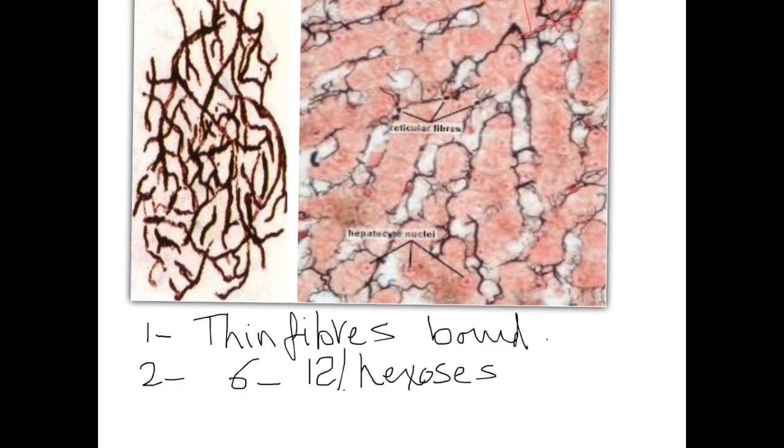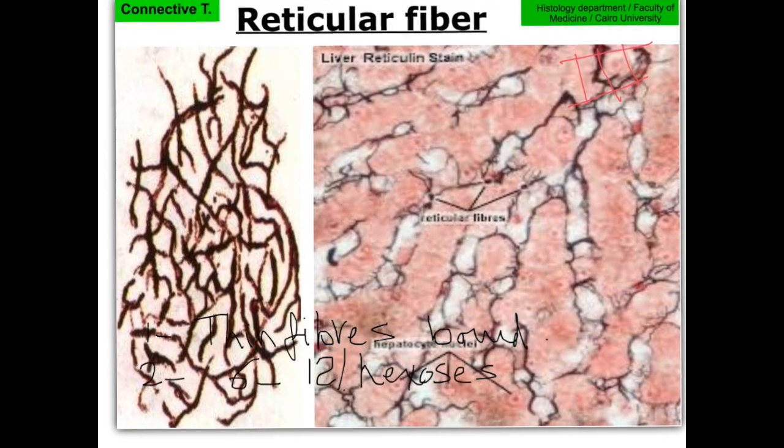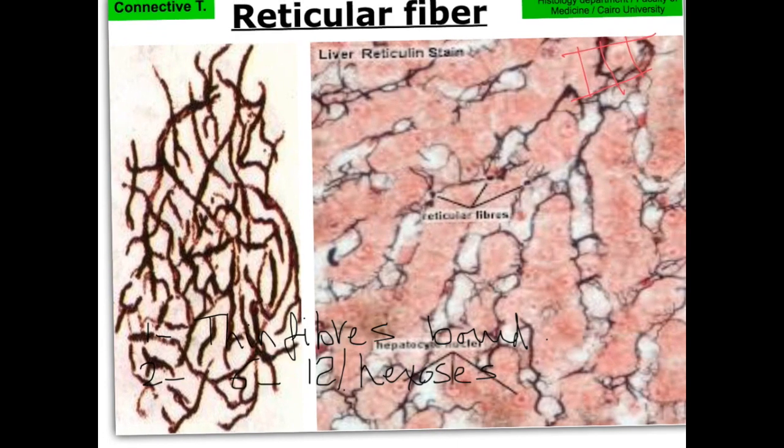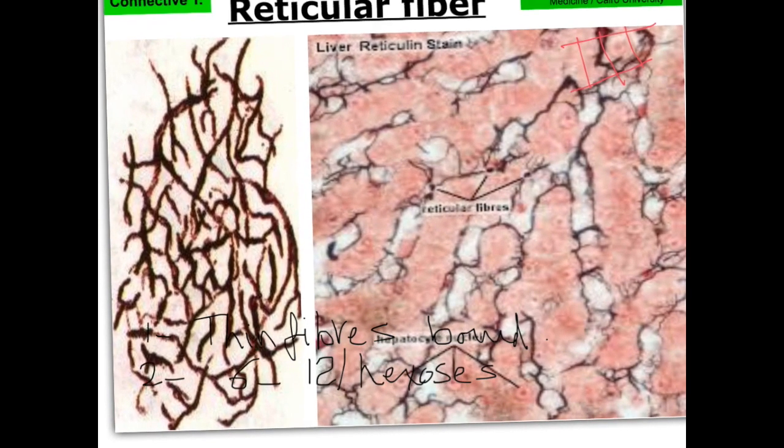These fibers are formed by the fibroblast, as we have said before, and also formed by the smooth muscles in the wall of blood vessels, as well as the reticular cells present in the reticular connective tissue.